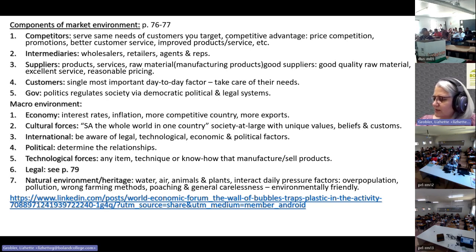This is on page 79. Here we have a few basic acts.